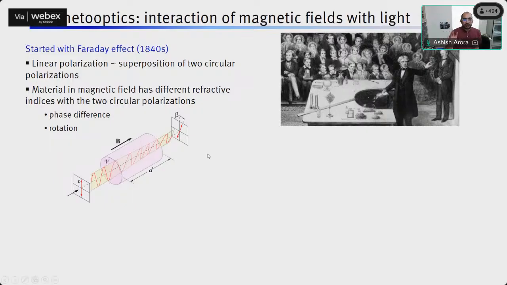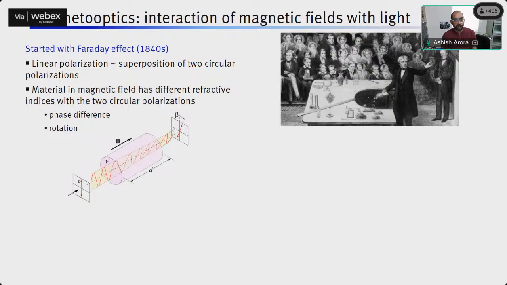Now, why this effect happens is due to the following reasons. A linearly polarized light can be written as right and left circularly polarized light. Right and left circular polarization have different magnetic moments, +1 and -1. We know this. When the light passes through the material under a magnetic field, the right and left circular magnetic moments interact differently with the material.